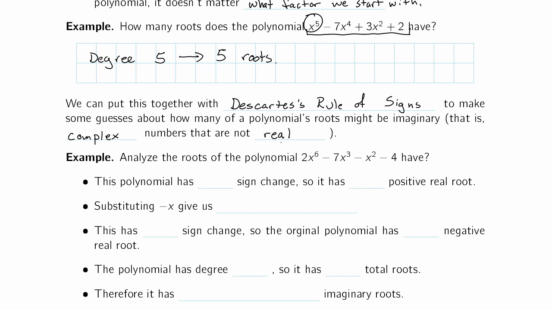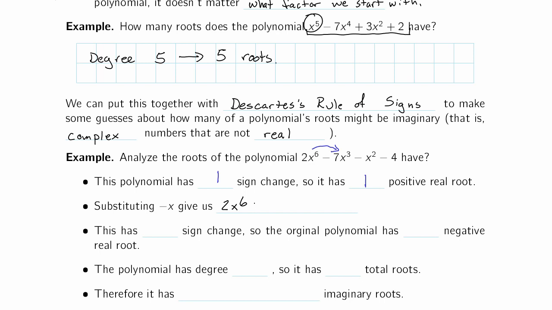Suppose we wanted to analyze the roots of this polynomial. This polynomial has 1 sign change, so it has 1 positive real root. If we substitute negative x, remember that flips the sign of every term with an odd power of x. So 2x to the 6th stays there.